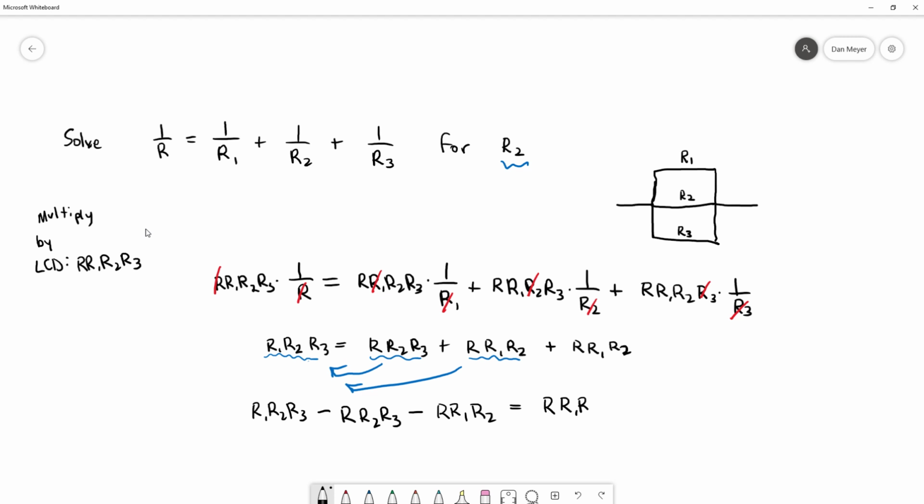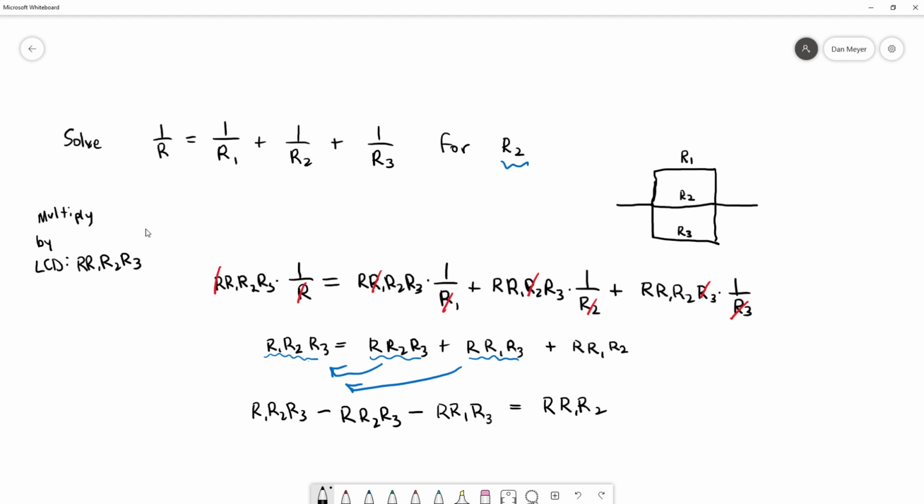R3. This is supposed to be R3. No, this one was supposed to be R3. Why aren't you guys catching me on this? Sorry. That one legitimately is R2. Sorry about that.